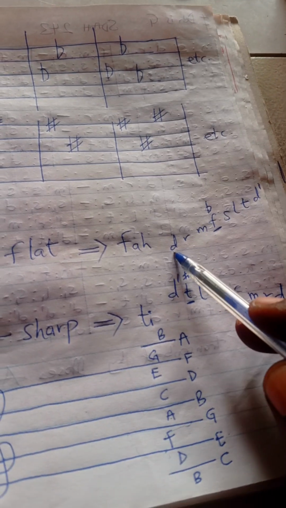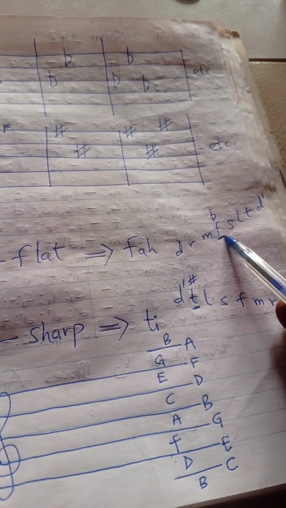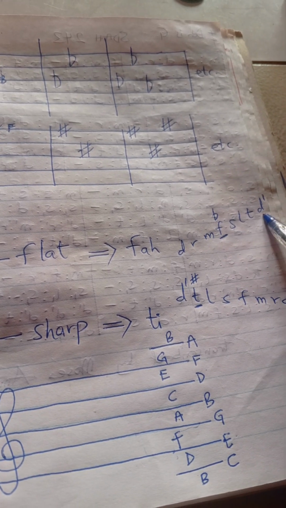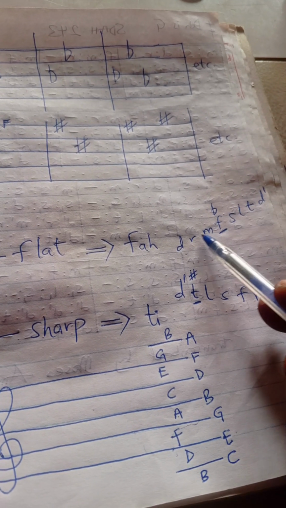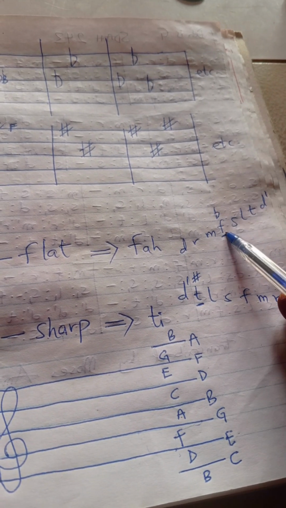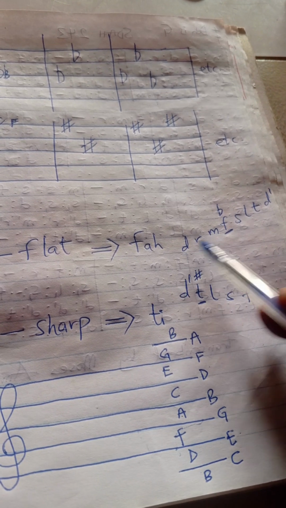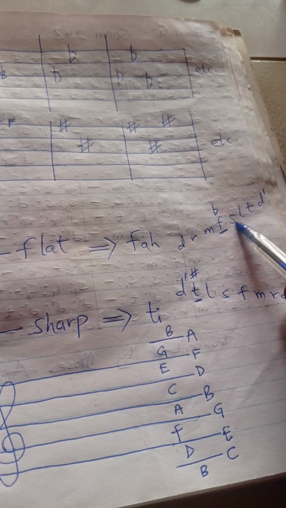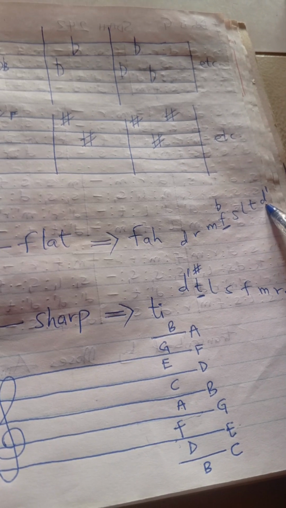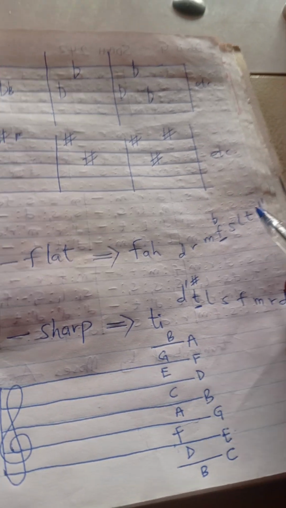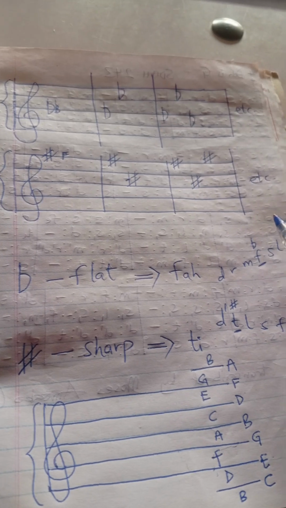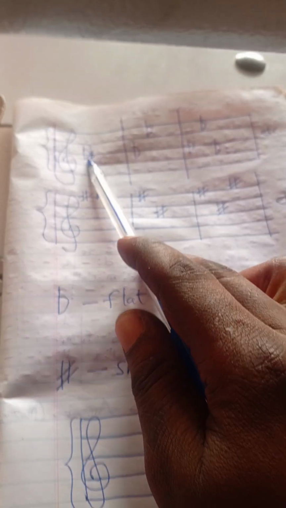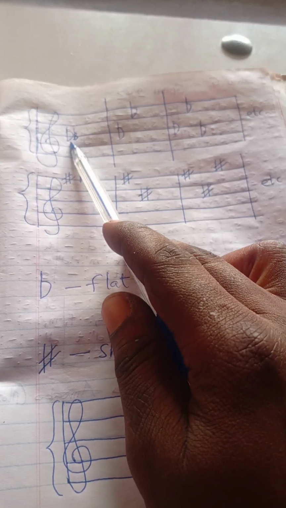So let's say do, re, mi, fa, sol, la, ti, do, or fa, mi, re, do. Sorry for the blunder. Now, we have the fa here. We want to know the key in which this particular song is written.